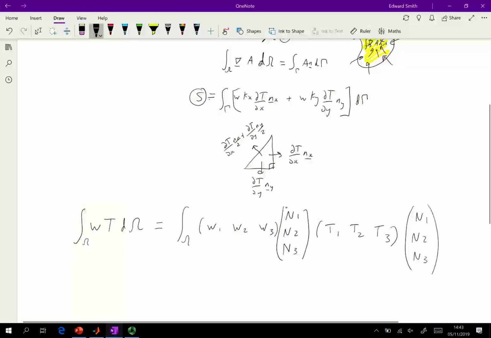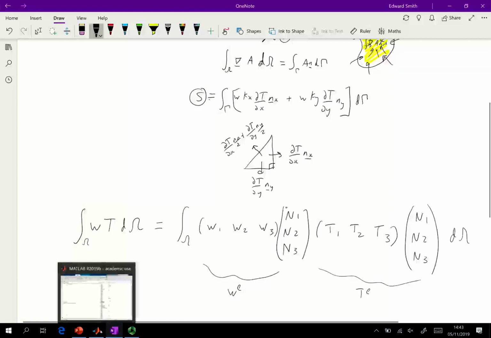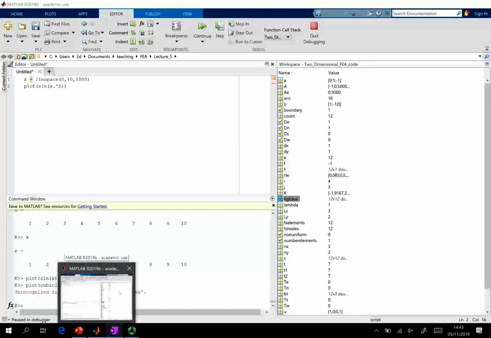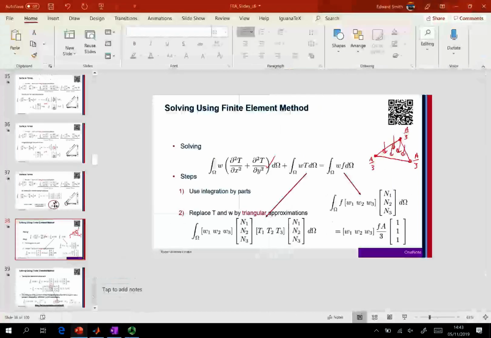Does this make sense? These are basically just w element and t element d omega. So all we've done is rewrite it in matrix form, and then we do exactly the same trick we did before.